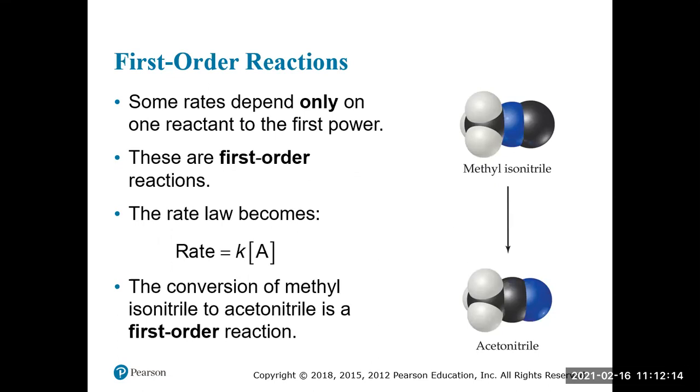The rate law is written as rate equals k, the rate constant, times the concentration of that reactant. It's a pretty simple formula to write. And there are examples of reactions where, even if you have other reactants in there, the rate is only dependent on that one reactant.